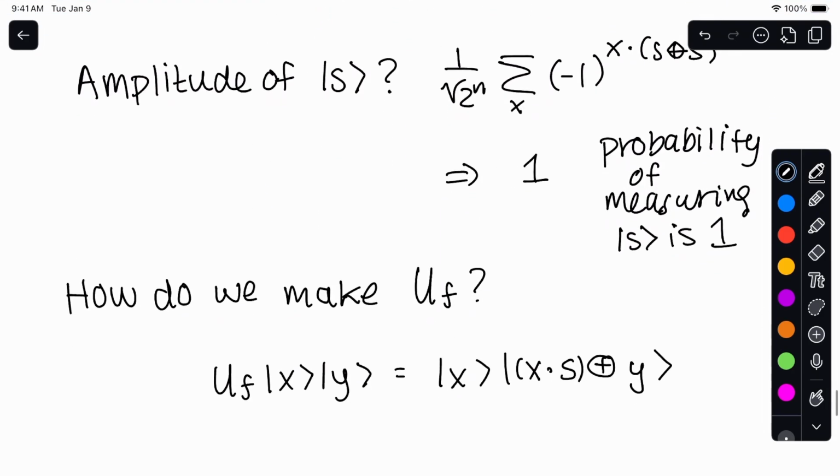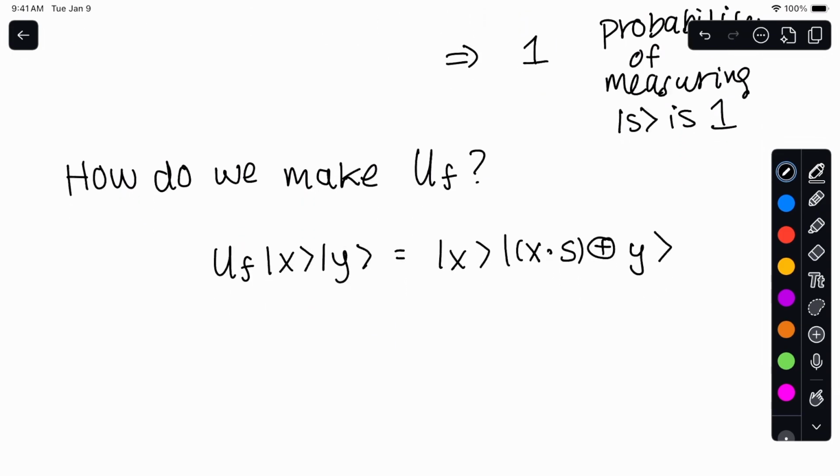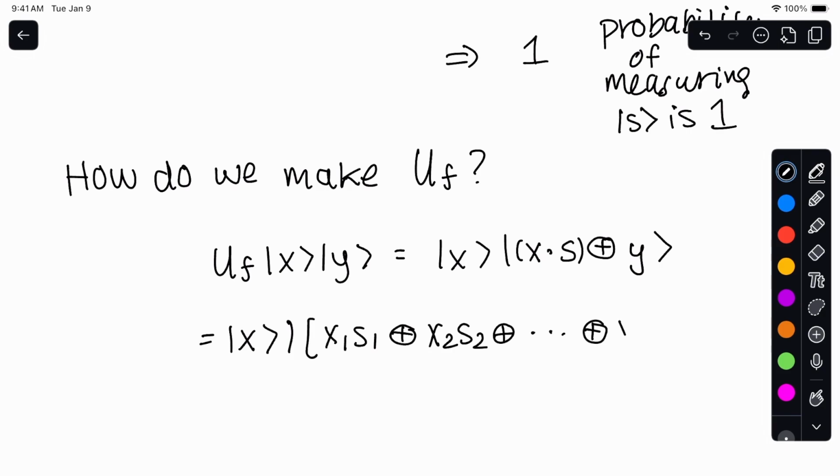Okay, so this is a little bit different of an oracle than before. So this oracle is going to give us x and then x dot s plus y. So how do we make UF? Let's first look at what this looks like. So just writing it out a little bit, we can rewrite x dot s as x1 times s1 plus x2 s2 plus dot dot dot xn sn, and this is our y.